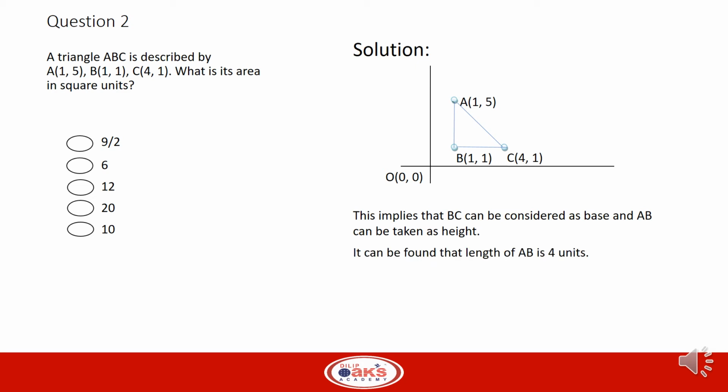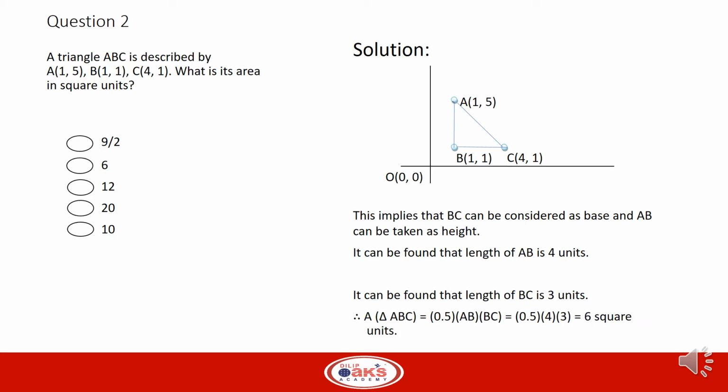Also, it can be found that the length of AB is 4 units, the length of BC is 3 units, and therefore the area of triangle ABC is equal to half, that is 0.5 into AB into BC, that is 0.5 into 4 into 3, which is 6 square units. Therefore, this is the correct option.